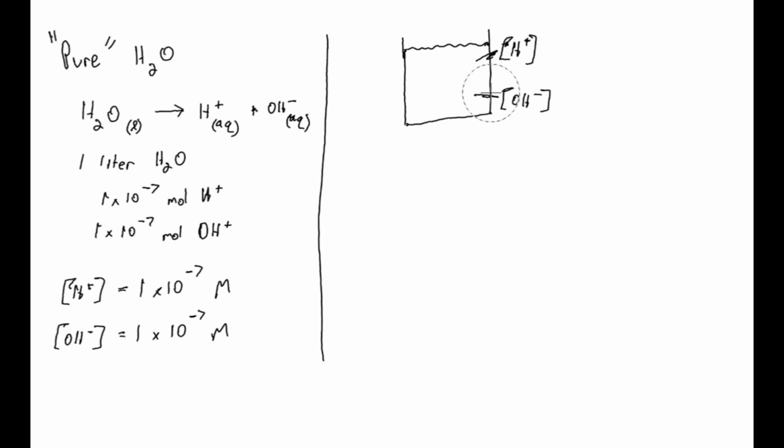And I want you to imagine that to this solution, we add hydrochloric acid, HCl. Now, hydrochloric acid is highly soluble. As soon as it gets into the water, it's going to ionize. It's going to produce H plus, and it's going to produce Cl minus.